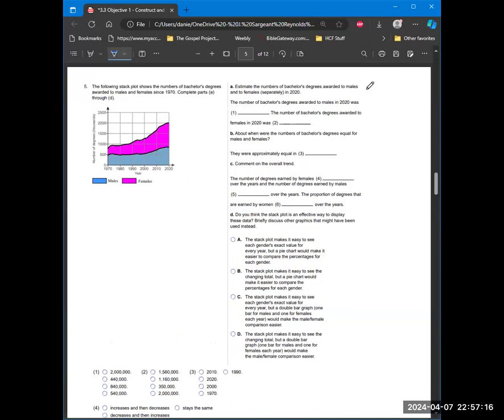Estimate the number of bachelor's degrees awarded to males and females separately in 2020. Number of bachelor's degrees awarded to males in 2020. So that's over here is what? And these are in thousands, right? Numbers in thousands.